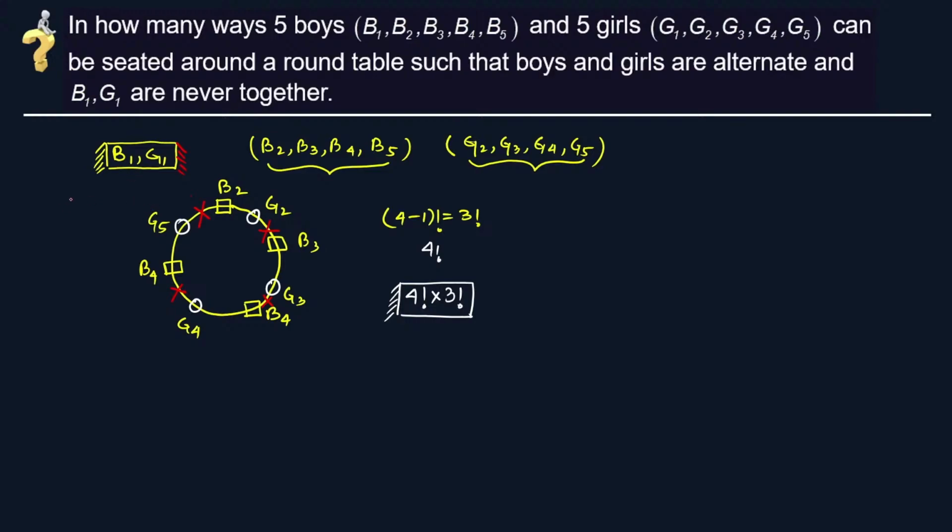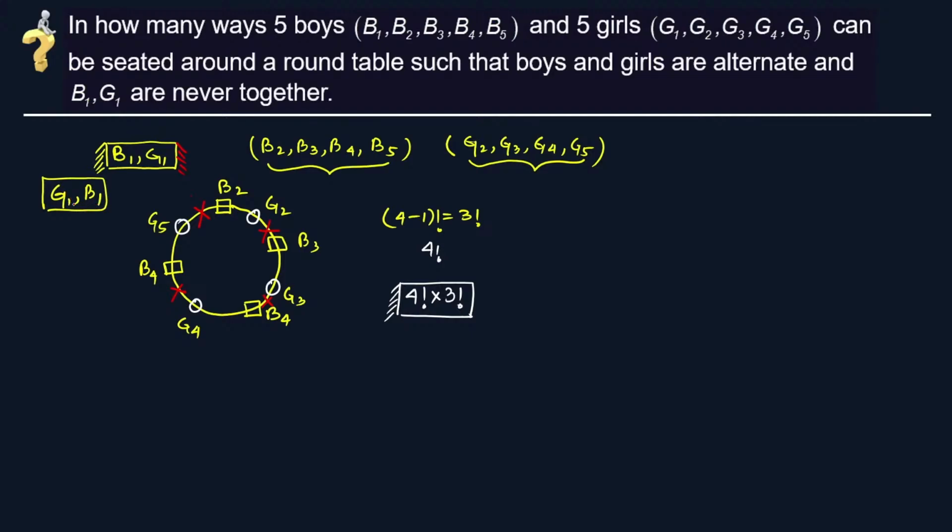Now, if they interchange their places and girl 1 comes first, boy 1 goes second, then look very carefully, they can be placed to maintain the boy-girl alternate thing.